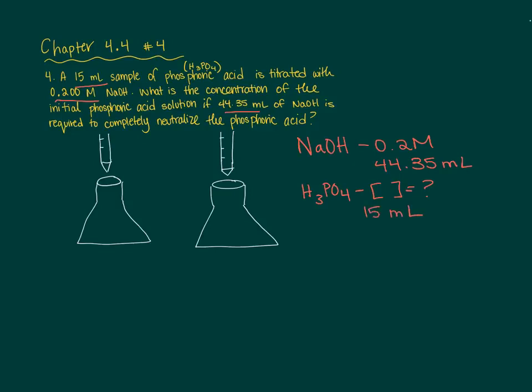So I'm going to draw this as what we would do in a titration. So in the flask we have the acid where we're trying to find the concentration, and we had 15 milliliters.